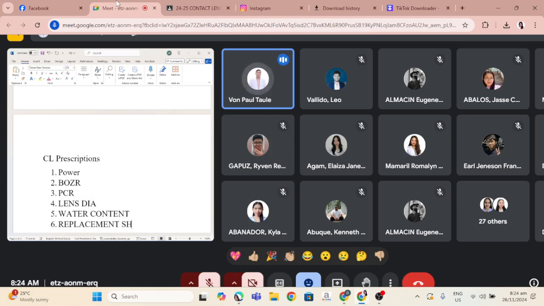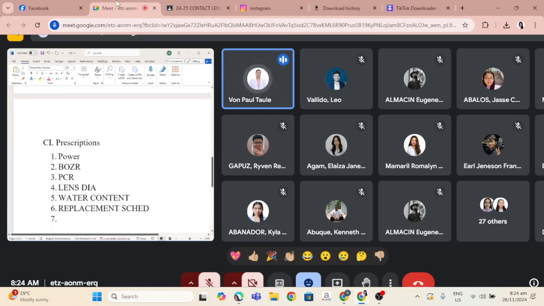The replacement schedule will be placed here also. If this is a conventional contact lens, which is usually around 6 months, or for some hard lenses, this is 10 months. Ganyan.